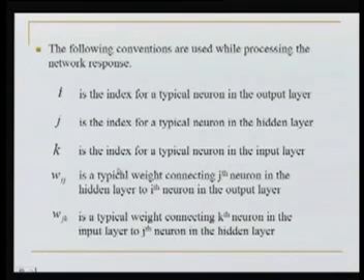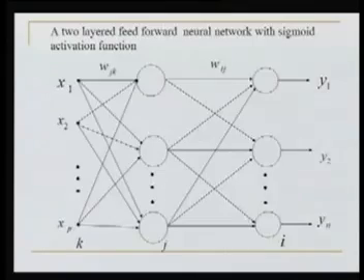So, again the convention that we will use is: I is the index for a typical neuron in the output layer, this you can see here. I is the index for the neurons used in this output layer, J is the index for the neurons used in the hidden layer, and K is the index for the input patterns.